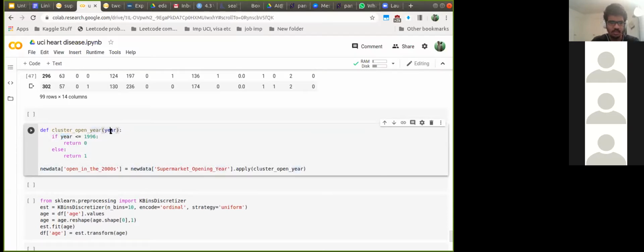So these are some of the tricks, some of the things that we can do for feature transformation.